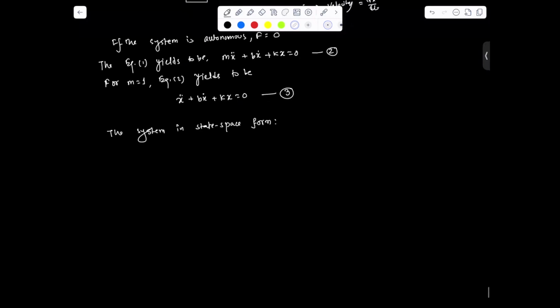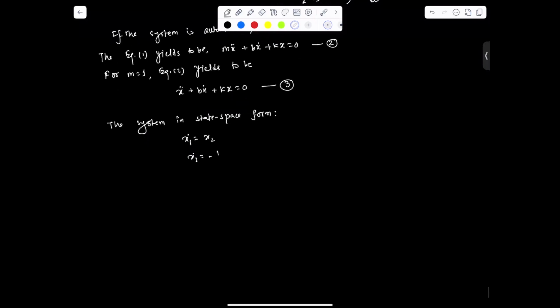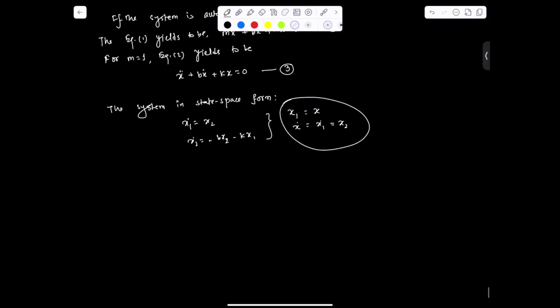We can write x1 dot equal to x2, and x2 dot equal to minus k x1 minus b x2. So the change of variable basically is x1 equal to x and x dot equal to x1 dot, which is x2. So using this variable, we have converted the system into a first order ODE.